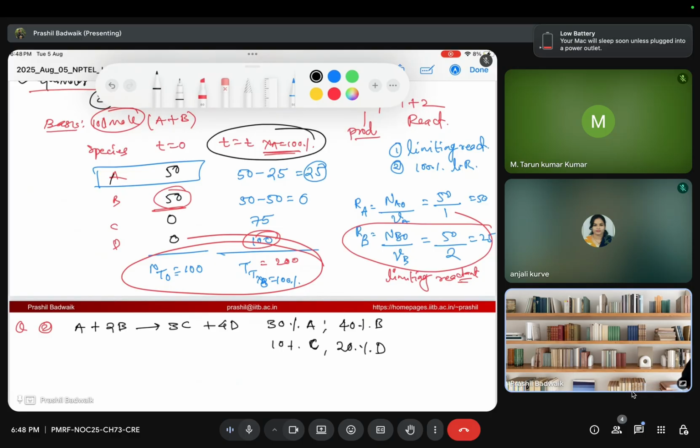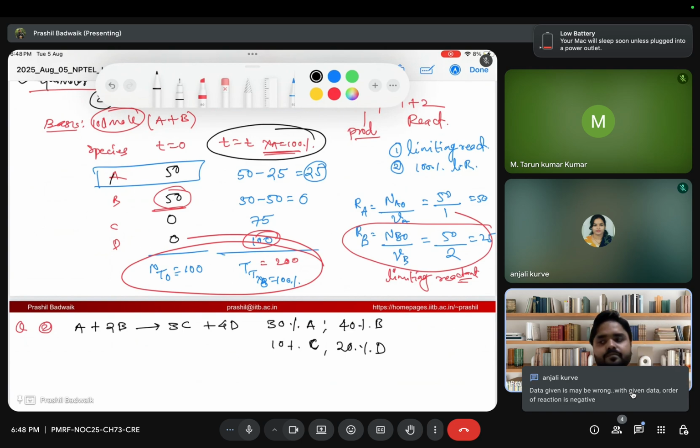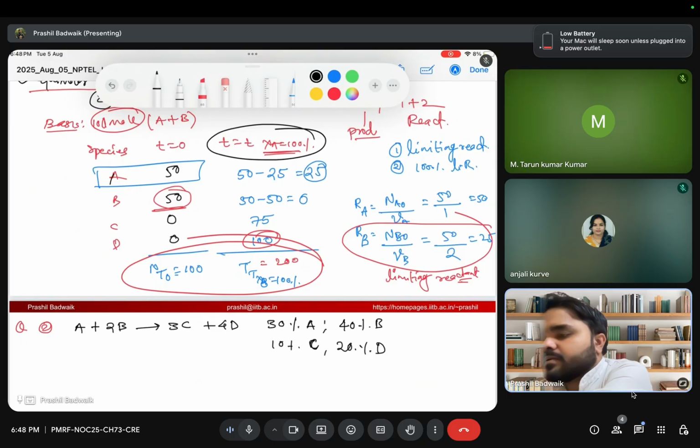Now can you calculate what is the limiting reactant? And what is the fractional change?